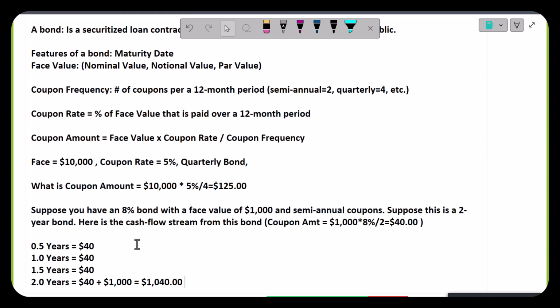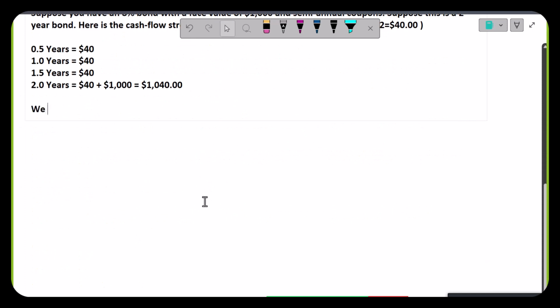The way we need to calculate the value for this, at least, we need to discount the future cash flows using something called yield to maturity.